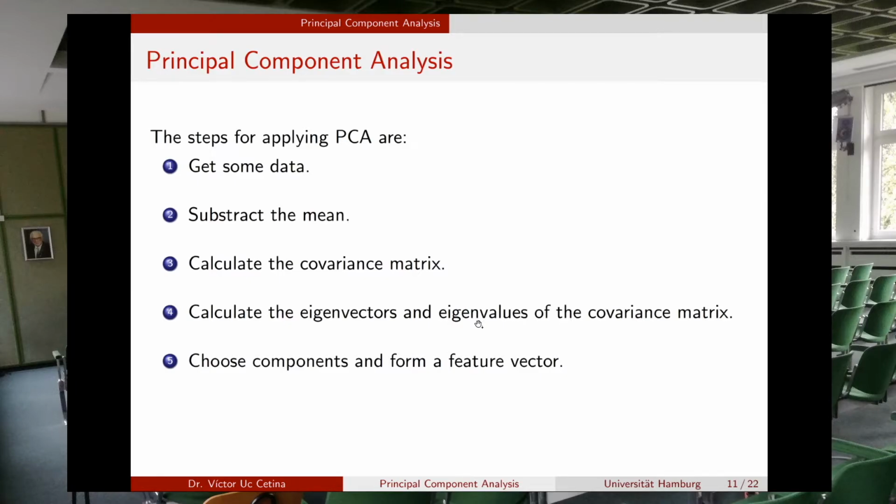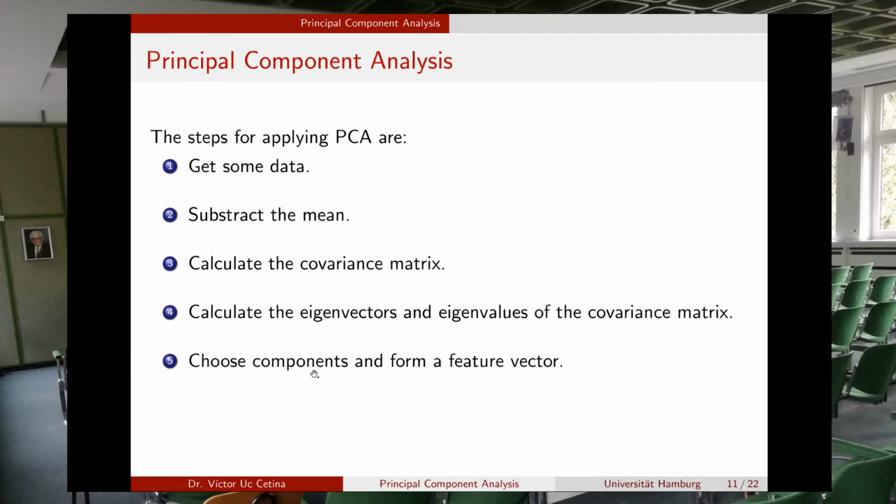So for example, if you generate 10 eigenvectors and you say you want to keep the five main components, the 5 vectors with largest eigenvalues, then you just rank all the eigenvalues and select the ones that are the largest ones. And this is what we're saying here: choose the components.